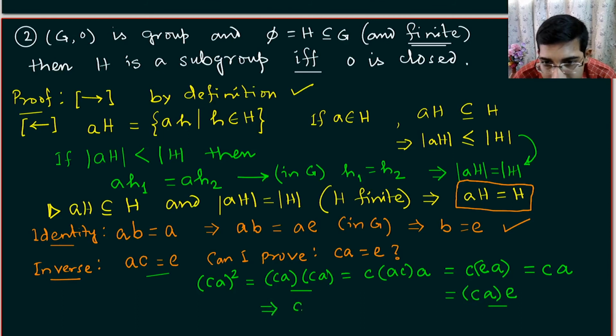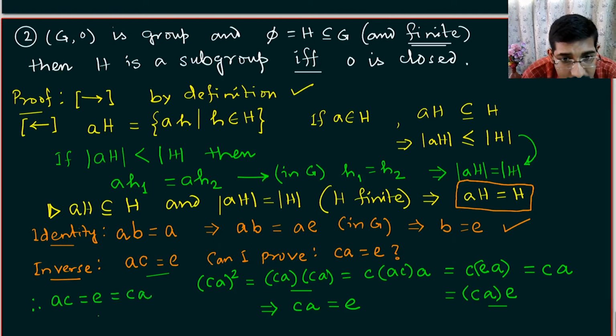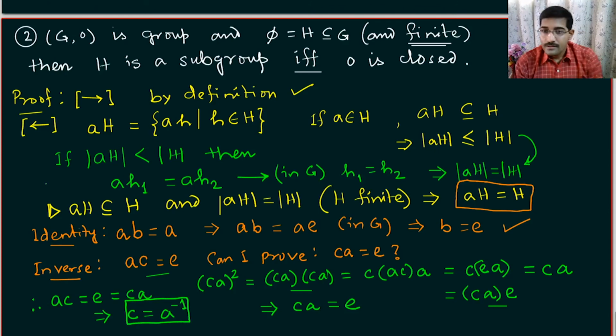It reveals that by the left cancellation law, CA is equal to E. So I have found the inverse, because AC equal to E in H, which is equal to CA in H, which implies C is my inverse. Hence, I can say that my inverse exists.